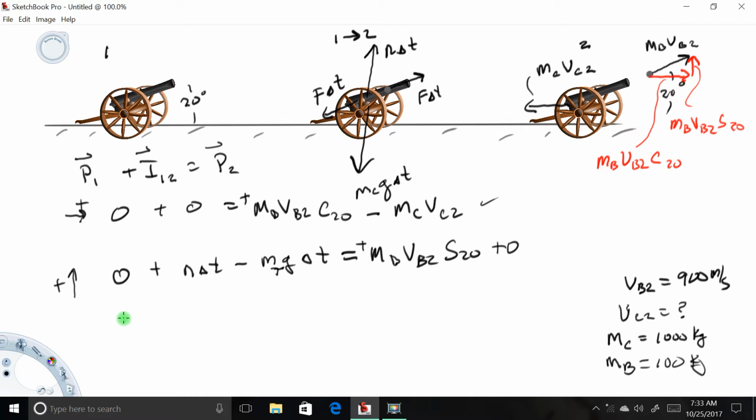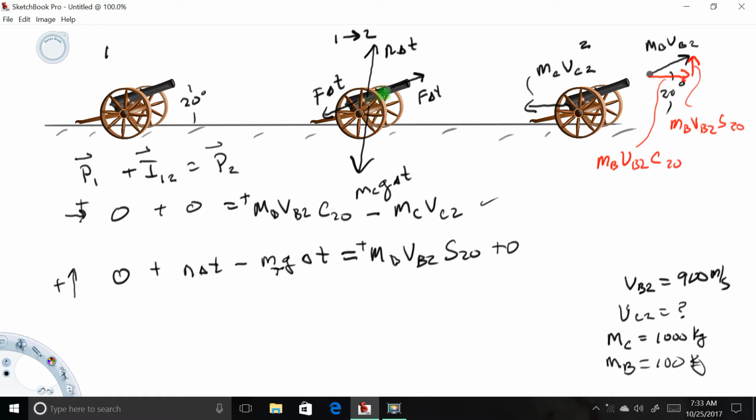This one does, however. This one has a net impulse because this term, while that cannonball is being fired, would be larger than this one. If I drew that impulse picture before it was fired, you just have the normal up, the mg down, and that's it. They would be equal.